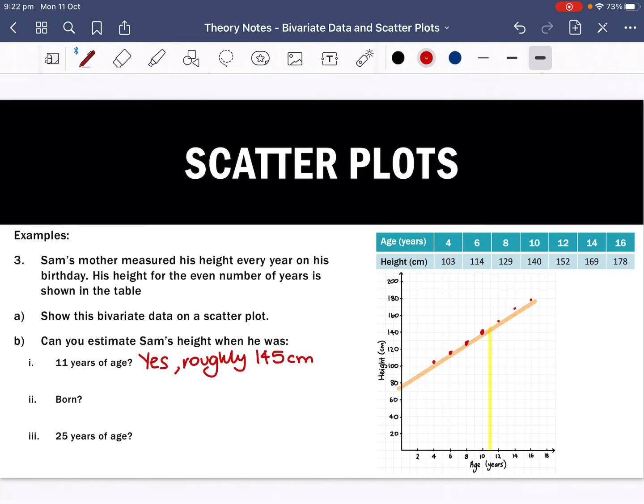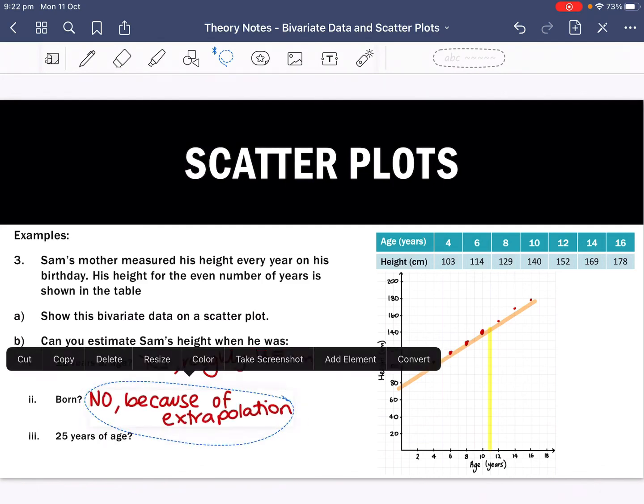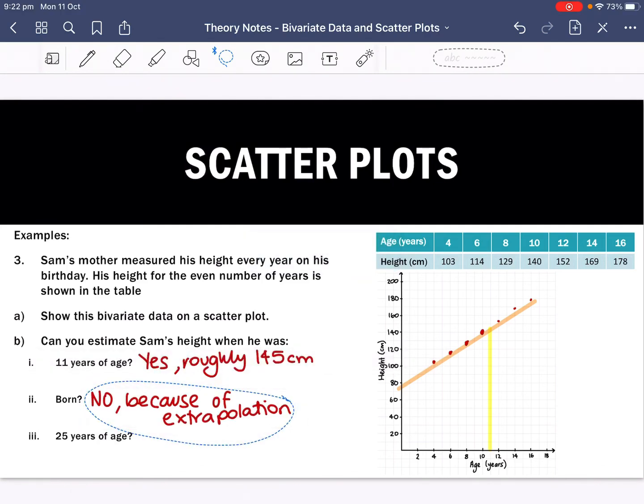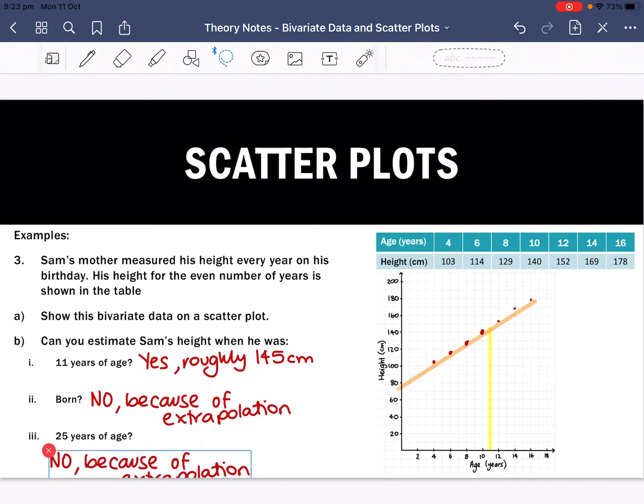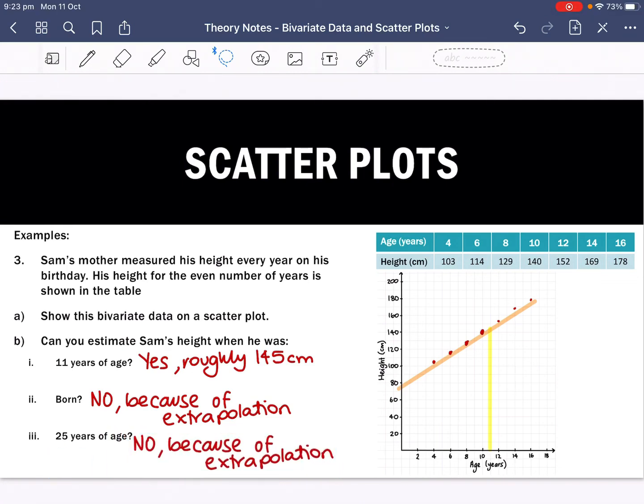And at 25 years of age, we don't have enough data to go along. So the answer is no, because of extrapolation, because the data that we're trying to find is outside of our data set. And our answer for part II is the same as well. So we can't actually estimate his height because of extrapolation.